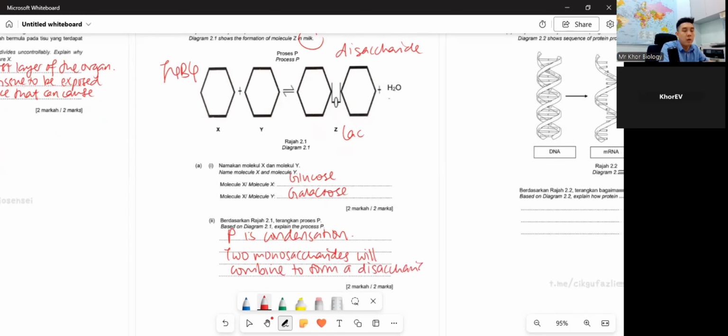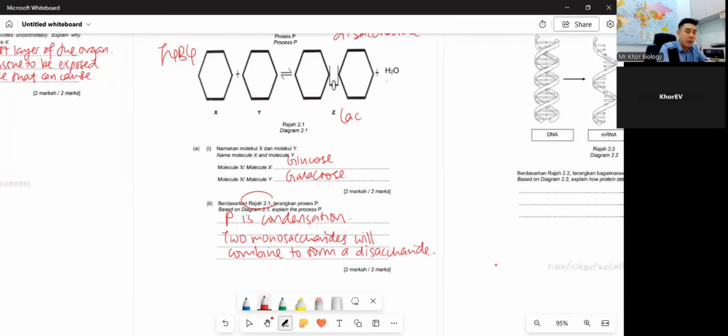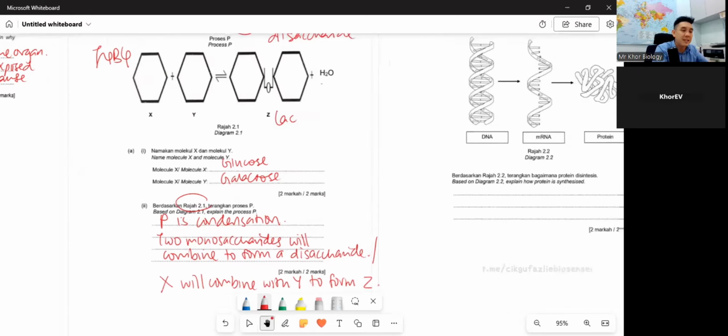Better still, because based on diagram 2.1, you can also say that X will combine with Y to form Z. Either one can. Or you want to say, sir, can I put glucose and galactose in? Can, no problem. It's the same thing.